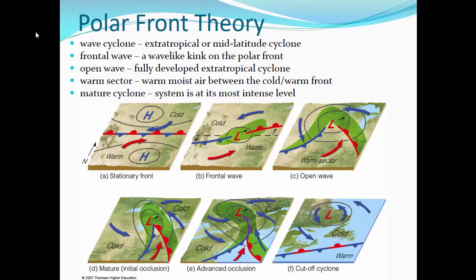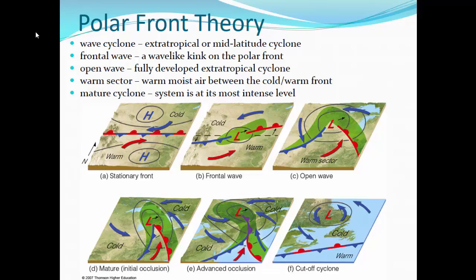But let's begin to detail how that actually develops, the life cycle of that particular weather feature, and then we're going to talk in detail about how the upper levels of the atmosphere impact, enhance, and then weaken that mid-latitude cyclone.